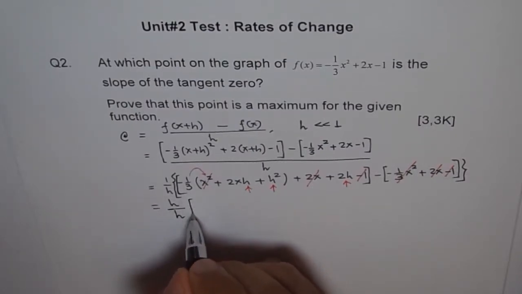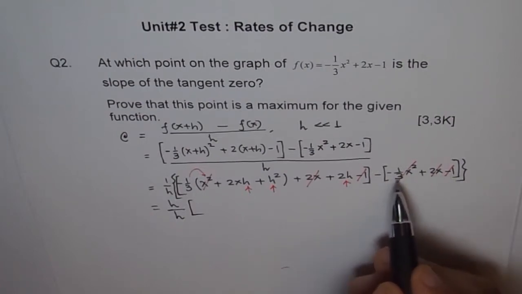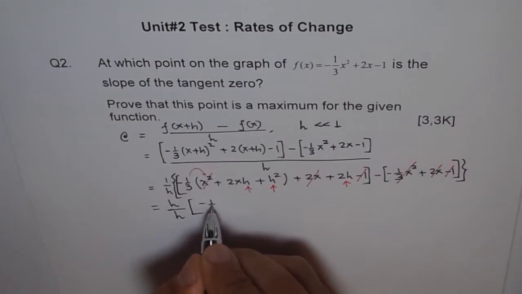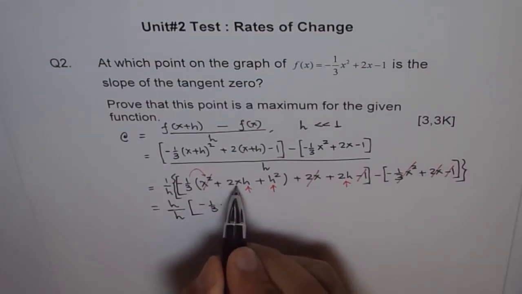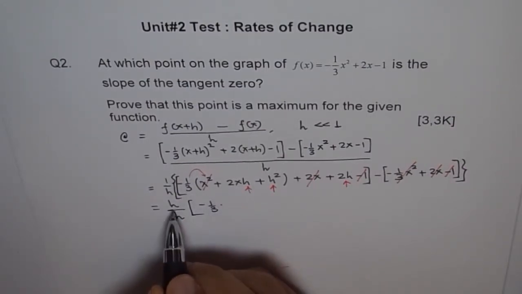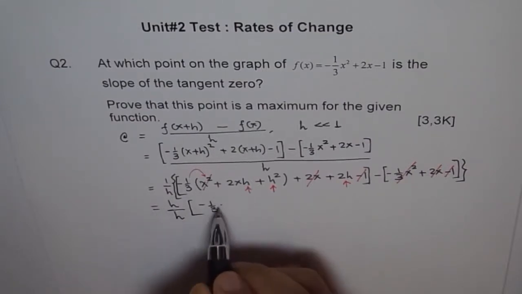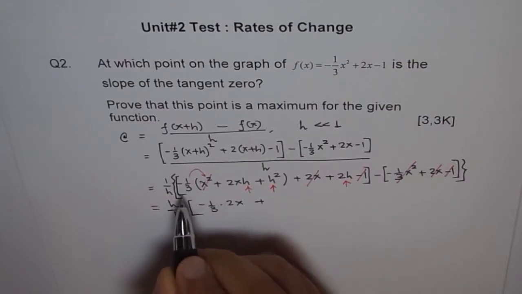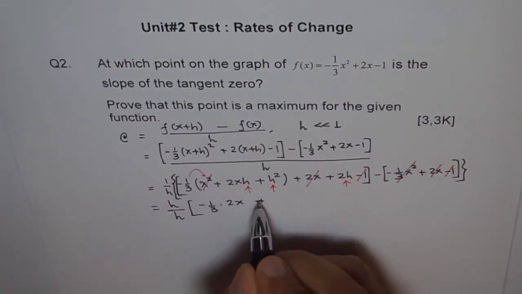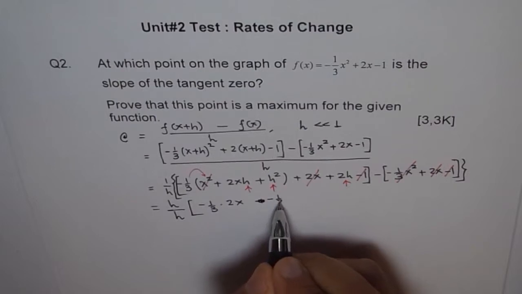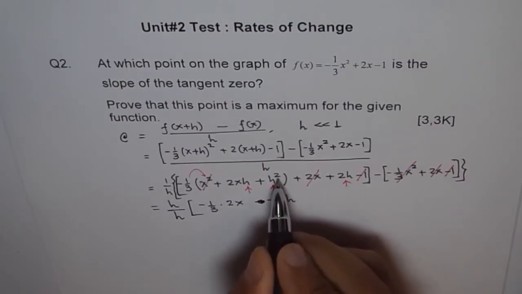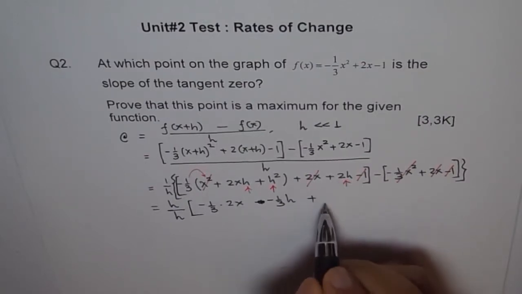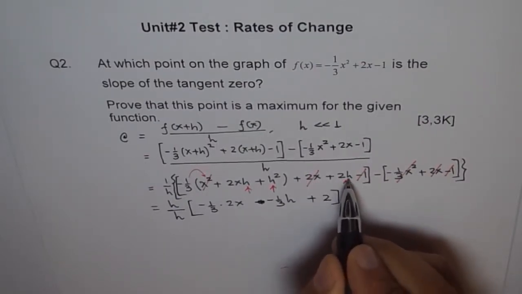Okay, so now, because we already got rid of this term, we have -1/3 times 2xh, right? But I've already factored h out, so I'm left with times 2x. Is it okay? Plus, minus 1/3 h, because 1 h I've already factored out, and here I have plus 2, since h has been factored out.